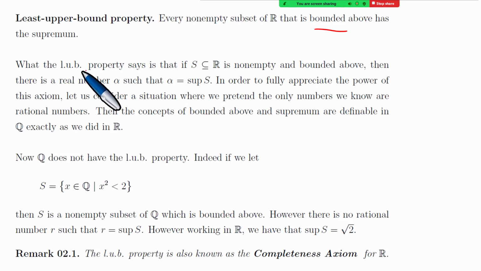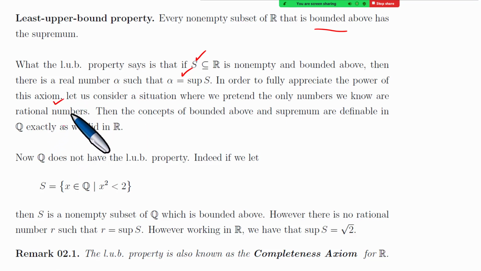What the LUB property says is that if S is a subset of the real numbers, is non-empty and bounded above, then there is a real number alpha such that alpha is the supremum of S. In order to fully appreciate the power of this axiom, let us consider a situation where we pretend the only numbers we know are rational numbers.